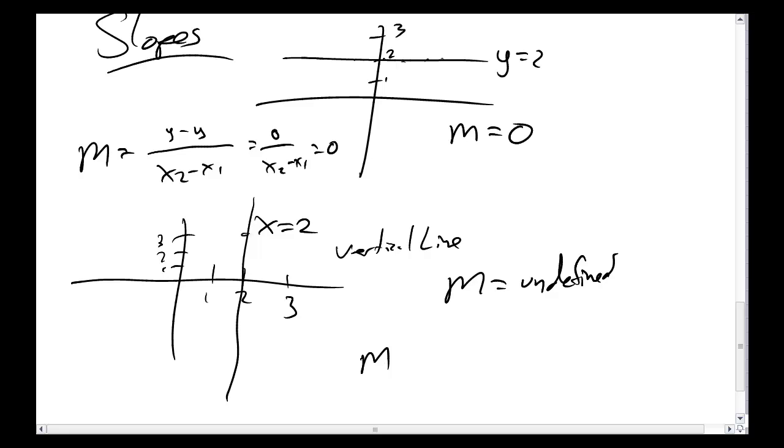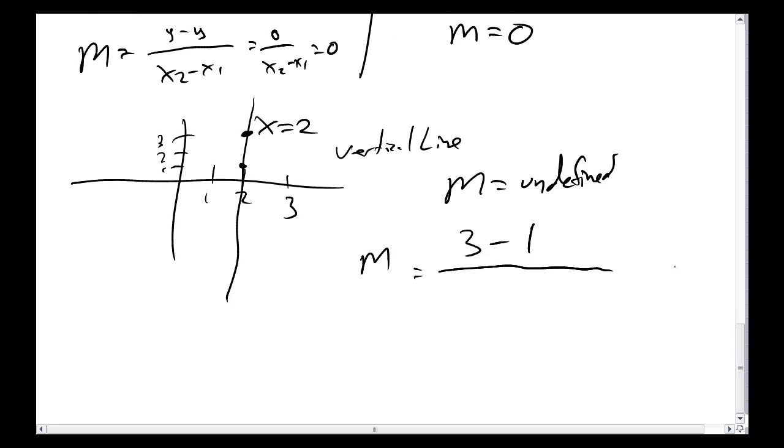Here's a couple points. I've got the point 2, 3, and I've got the point 2, 1. If I plug it into my slope equation, my y heights are 3 minus 1. Those are my 2 y points that I've bubbled in here. But my x is always 2, so I get 2 minus 2. This gives me 2 over 0, and this is undefined.